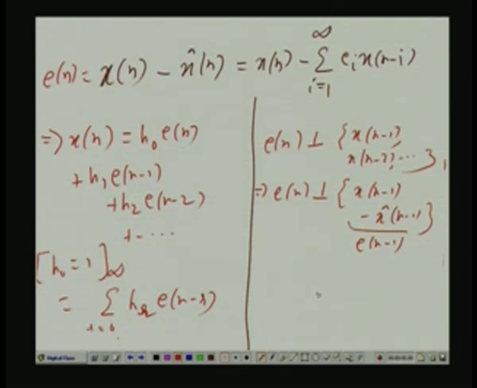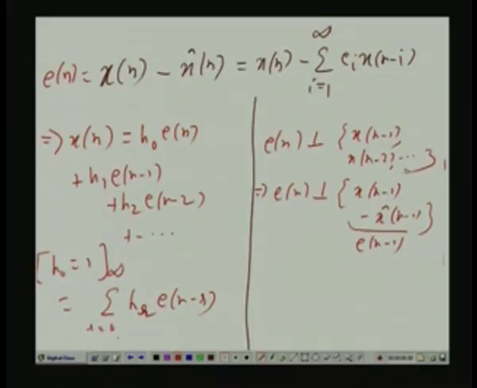E n minus 1 is orthogonal to E n minus 2, E n minus 2 is orthogonal to E n minus 3, so on and so forth. Orthogonal means uncorrelated. That means, E n is an uncorrelated sequence, which is also called white sequence. Of course, 0 mean, because the basic data from which they are generated are 0 mean. So, it is a 0 mean white sequence which is passed through a linear time invariant system. What kind of system? Causal infinite impulse response system, and that generates x n.